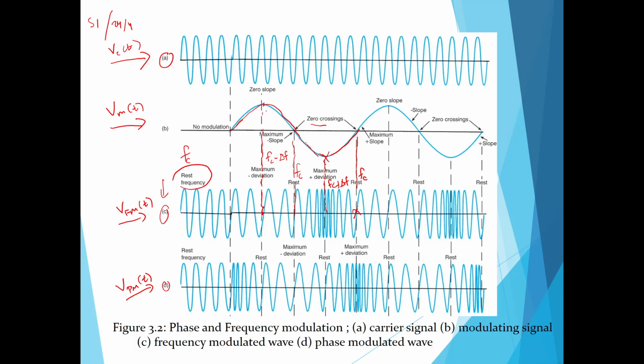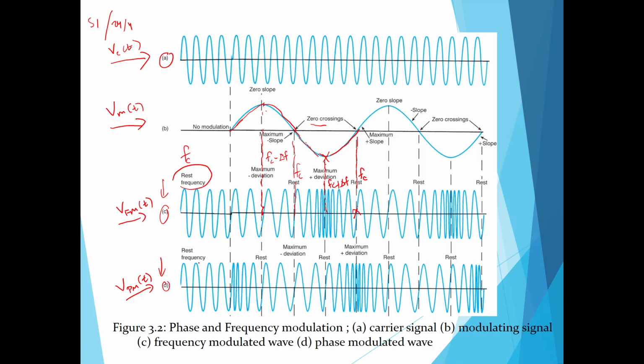So for frequency modulation, the critical changes happen when the modulating signal reaches the peak amplitude, either positive peak or negative peak. Now let's look at graph D for PM.